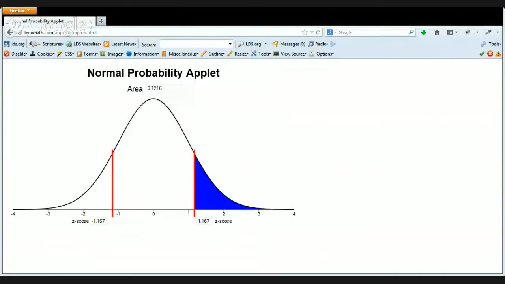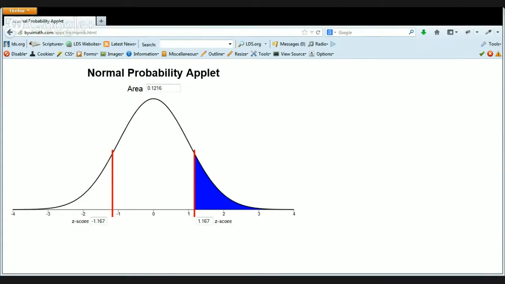I understand how to do it, but my lines are different. You mean your red lines? Yeah. Did you move your red lines, or did it do it automatically? I just typed in the Z-score and it did it for me.